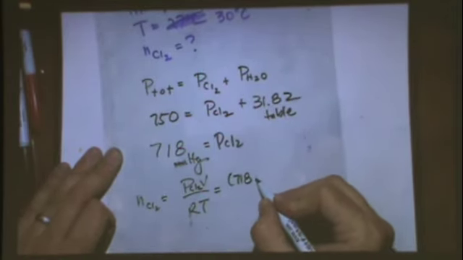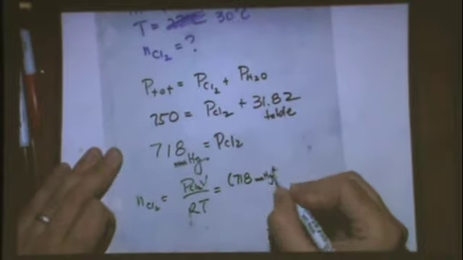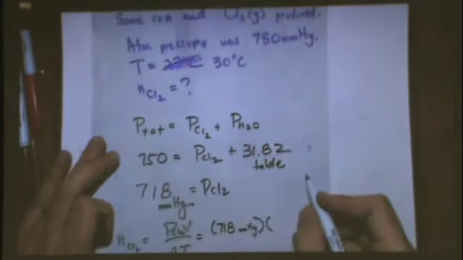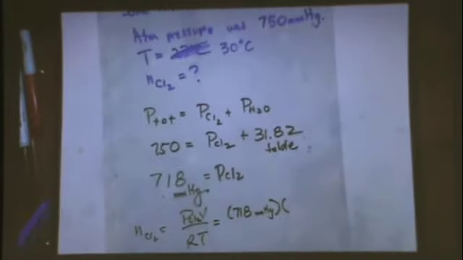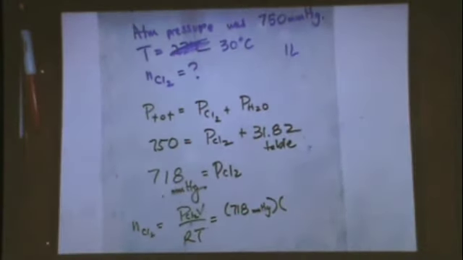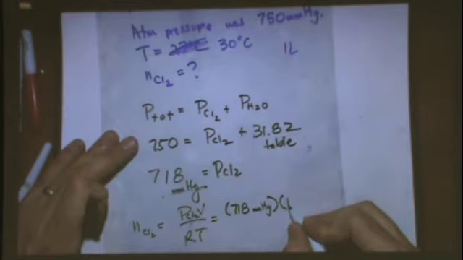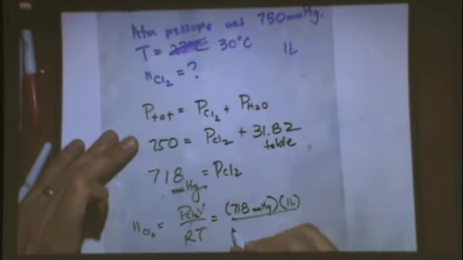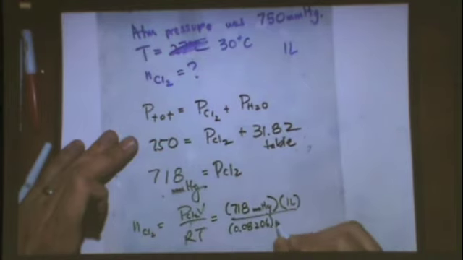718 millimeters of mercury times V, oh, I didn't do volume. 1 liter. Reads 1 liter over R times T was 30, I add 273.